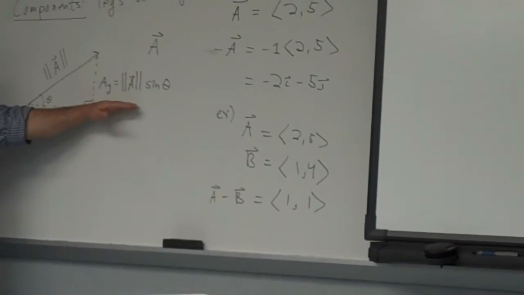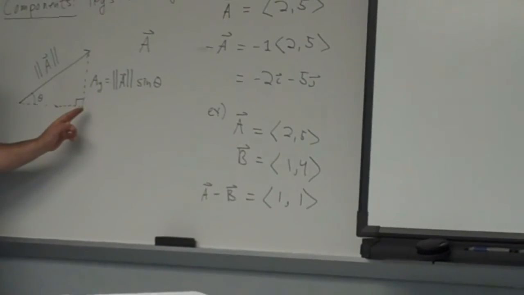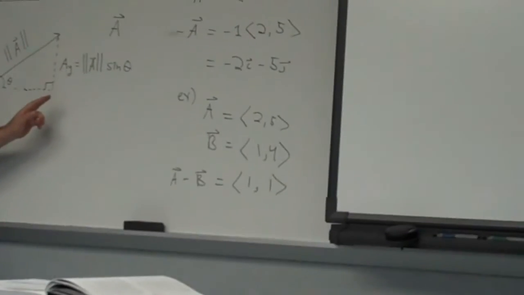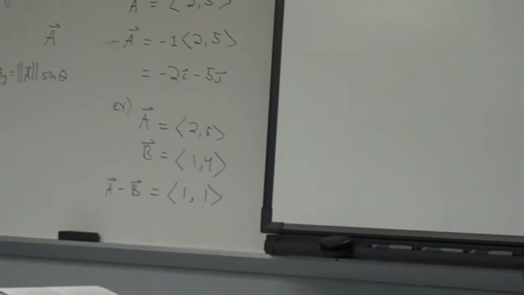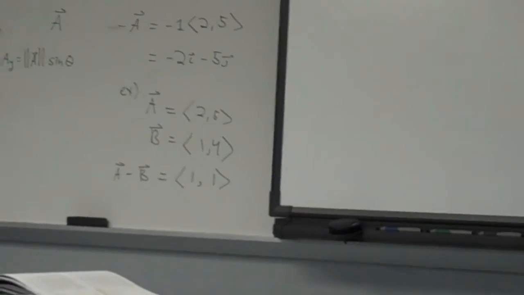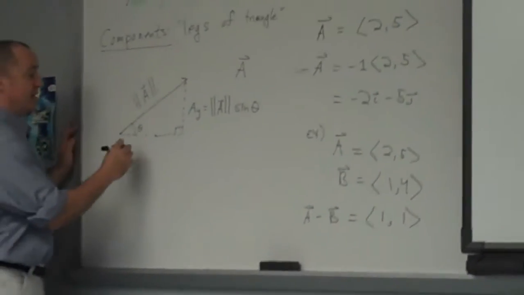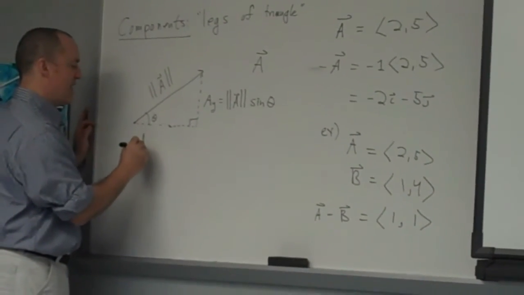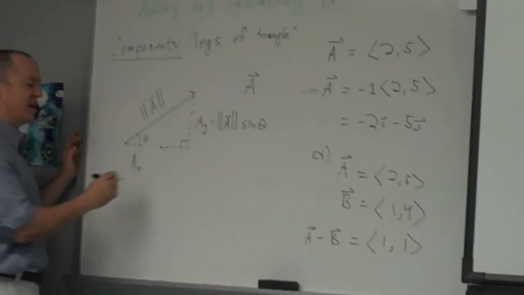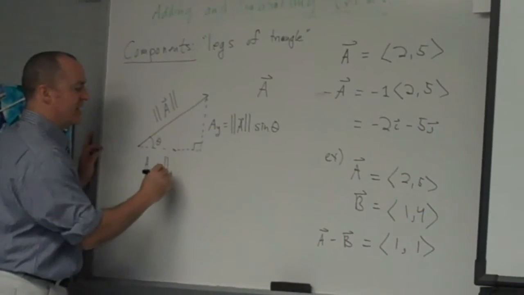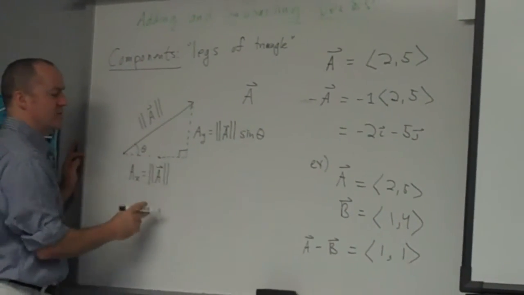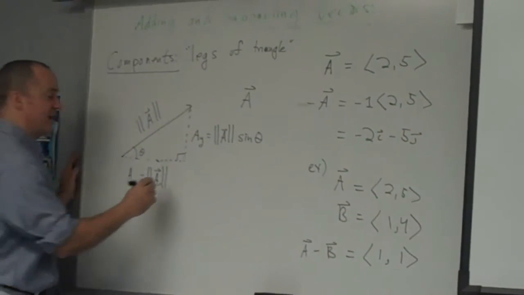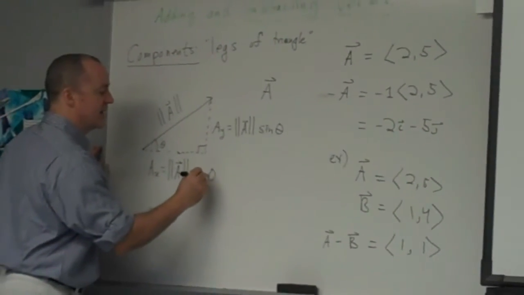That's just a fancier way to write the Algebra 2 idea that to find the length of the vertical side of a right triangle, the opposite side from theta, you use the sine. If you want to know the length of the adjacent side, which now we're calling A sub x because it's the horizontal component, that length is again the length of the hypotenuse, which now we're calling the magnitude of vector A, times the cosine of angle theta.